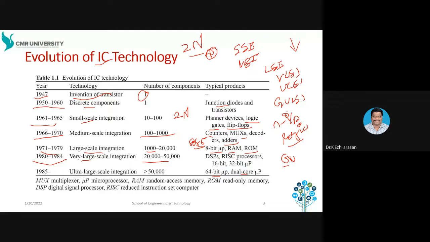Another example is sensors, which also come under ultra large scale integration, and then supercomputers, which also come under ultra large scale integration only.